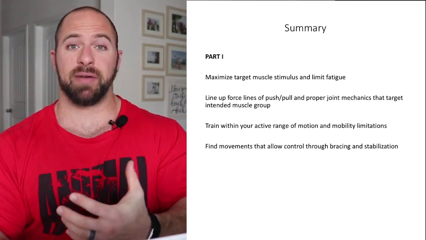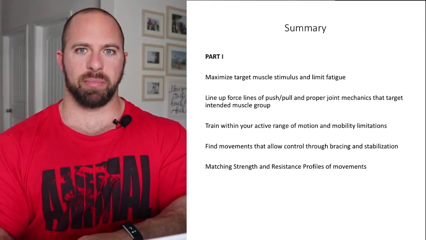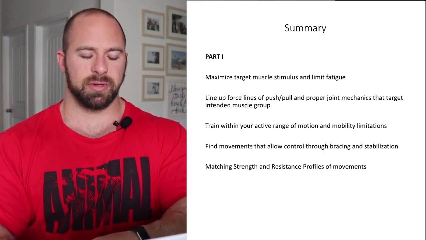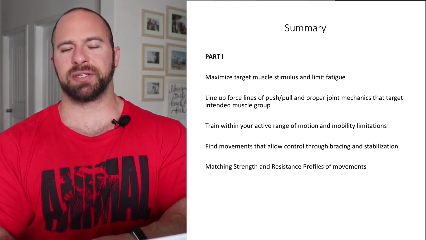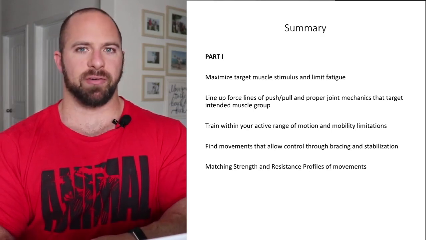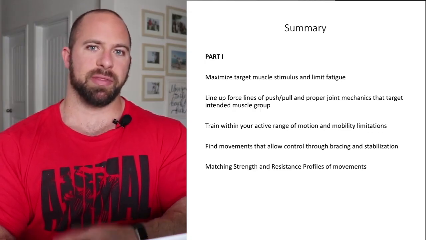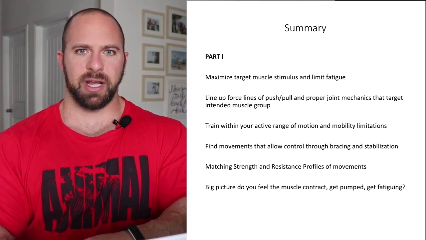Find movements that allow you to have control and bracing throughout. It's okay to have a movement that requires a lot of bracing stability as long as you have the ability to do so. And we try to match the strength and resistance profiles of movements the best that we can, using a variety that can challenge different ranges of motion. Can definitely be the best bet for giving us a good uniform development in hypertrophy.